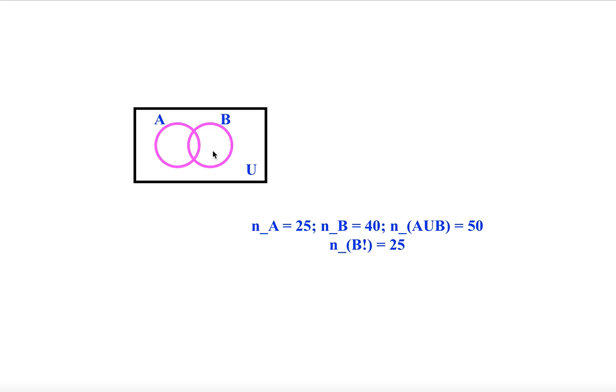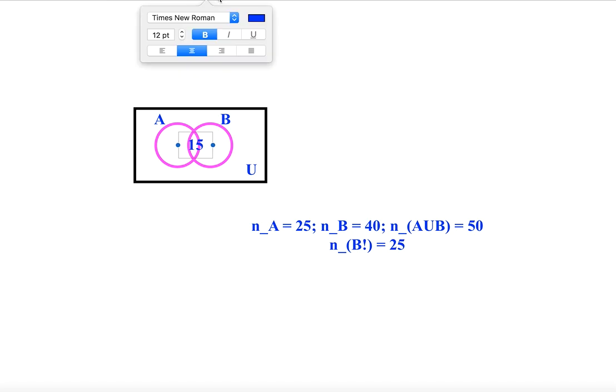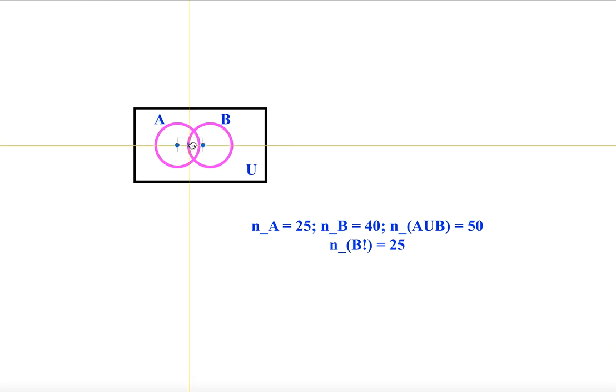So A intersection B is 25 plus 40, 65, minus 50. How much? 15. So this is 15.